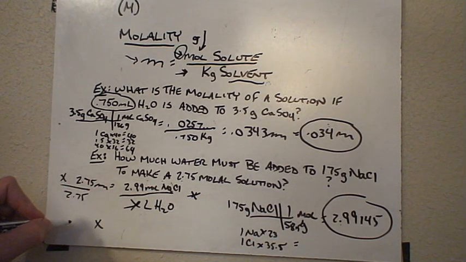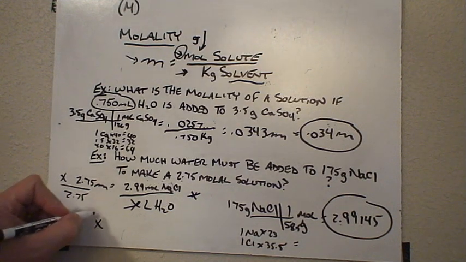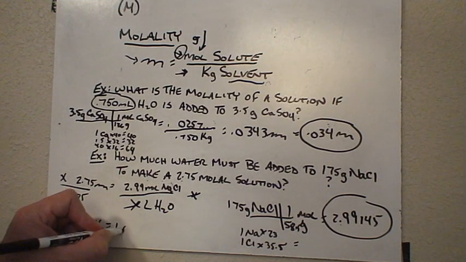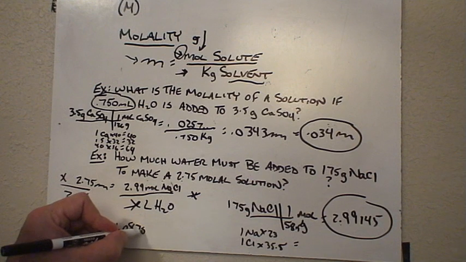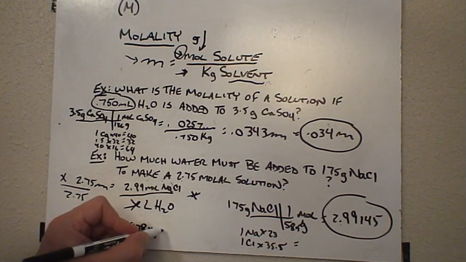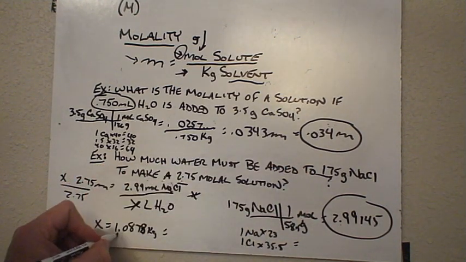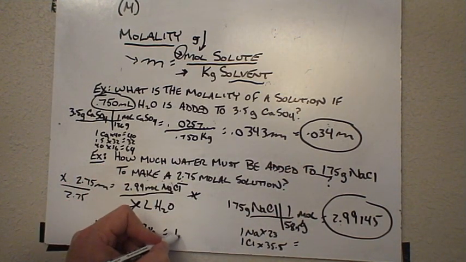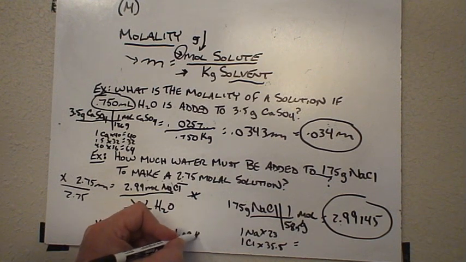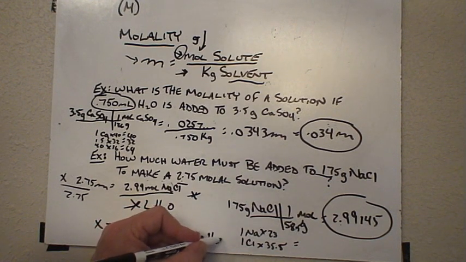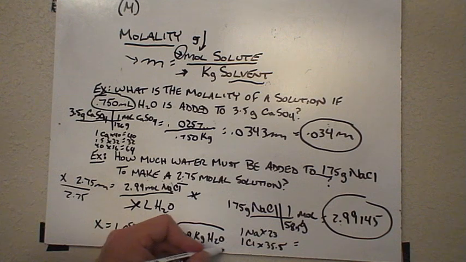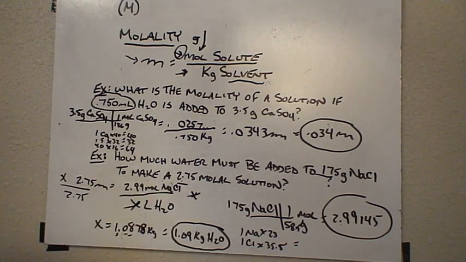And I ended up with an answer of 1.0878 kilograms, which again, in this case with 3 significant figures, 1, 2, 3, I have 1.09 kilograms of water. So the problem's actually pretty simple. You're just solving for X and just getting it into that formula.